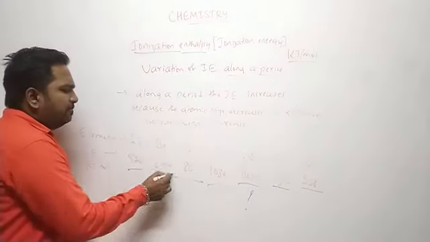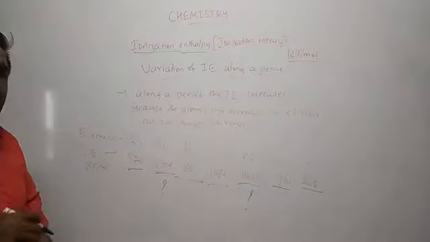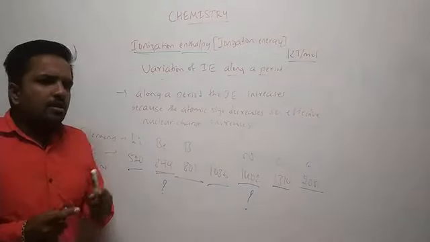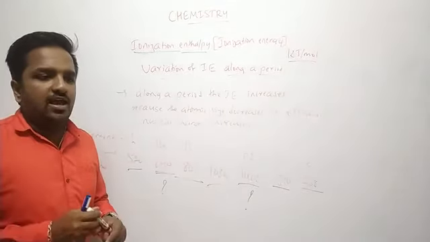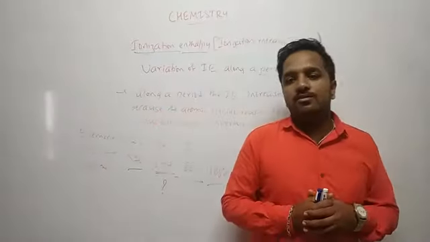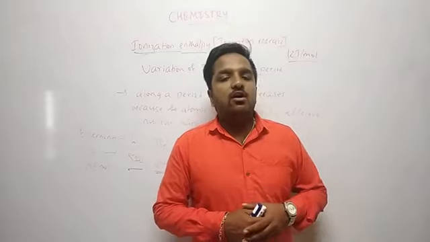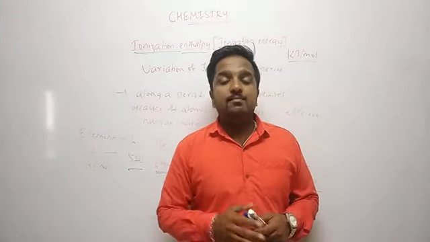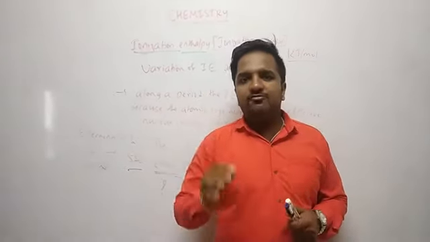It is because of the electronic configuration. We call noble gases the most stable elements. Why? Because of their stable octet configuration, with completely filled orbitals.